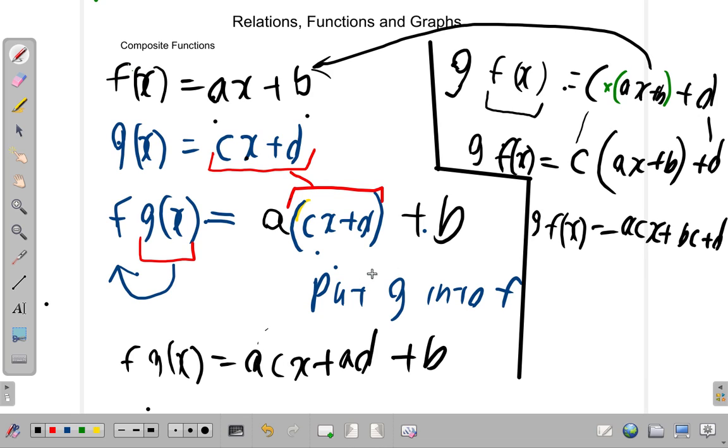So in this case, when we have fg of x, what we do is put g of x into f, the right into the left. And when we have gf of x, we put f into g, the right into the left again. Alright?